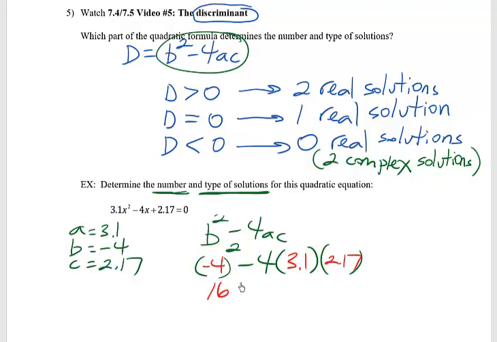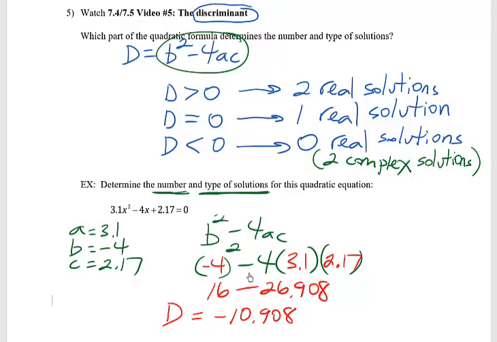I have 16 for this part, only one minus, so it's going to stay minus. And then I'll grab the calculator for 4 times 3.1 times 2.17. I got 26.908. If I then subtract, this comes out to be -10.908. That's the value of my discriminant.